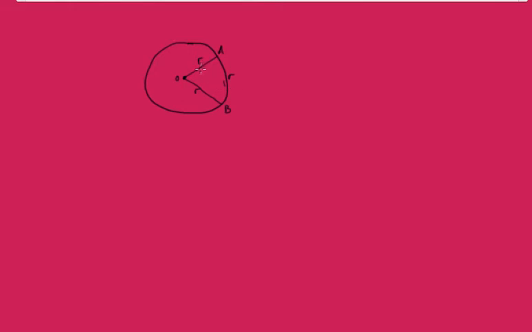And when we have a sector where the radius is R and the arc length is R, we say that the angle here is 1 radian, which is sometimes written as 1 rad.